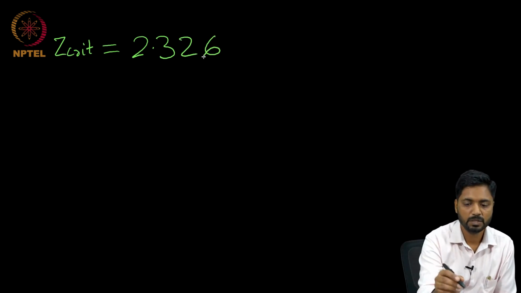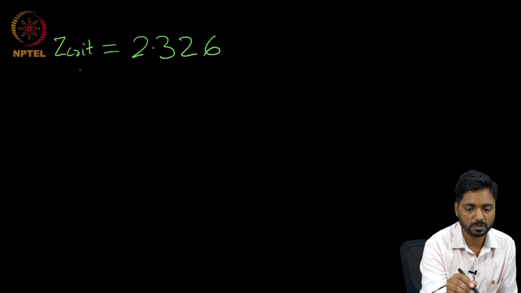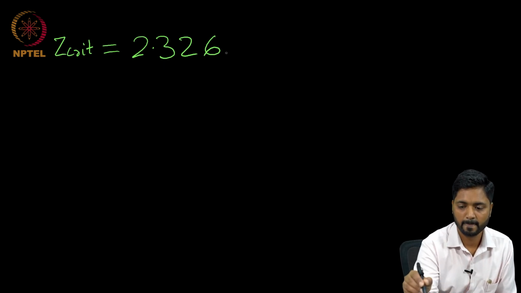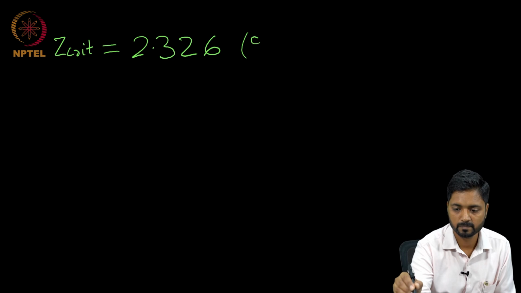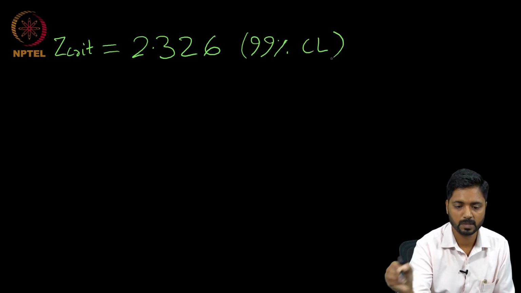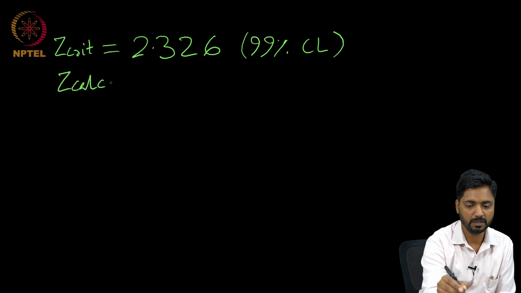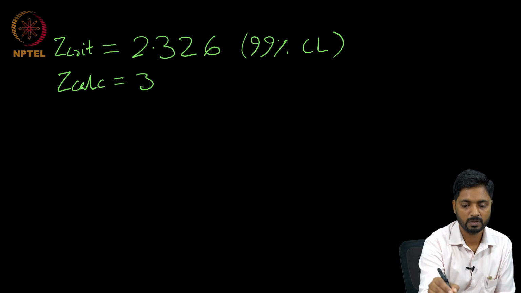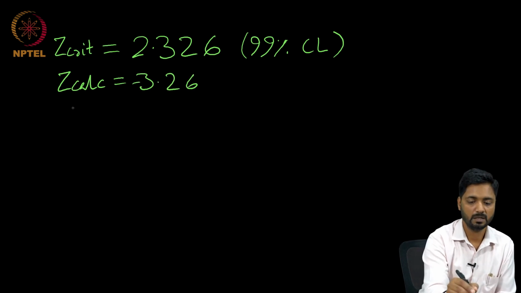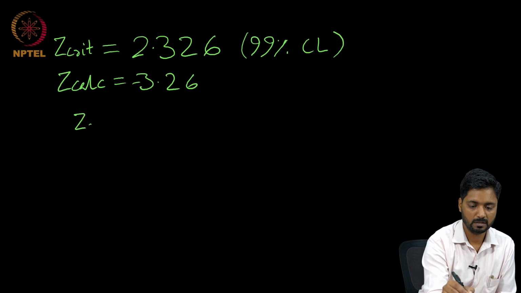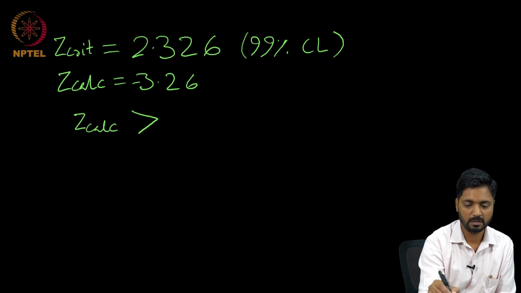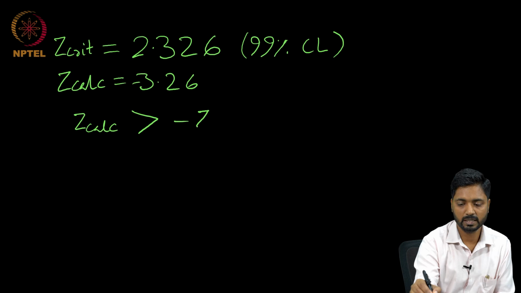When we use this critical value also, we see that the z calculated value of 3.26 is still greater than the negative z critical value.